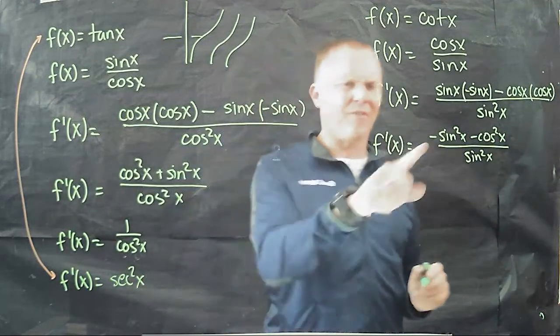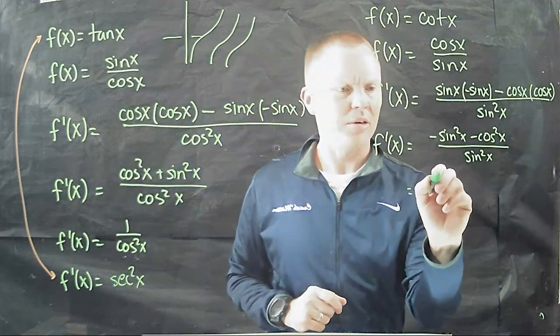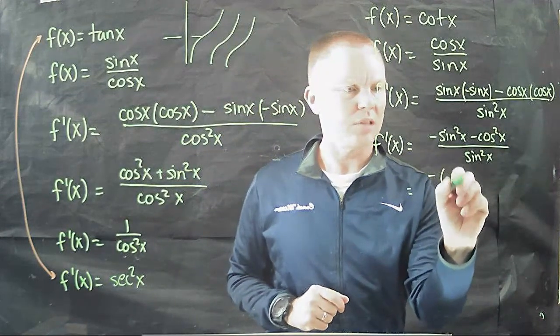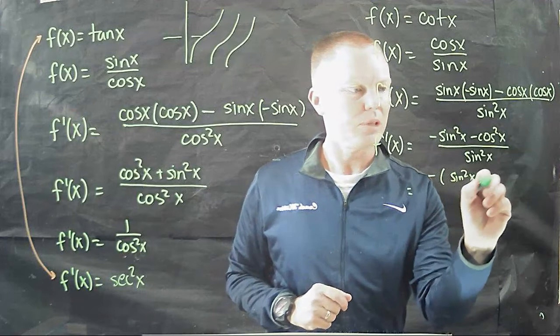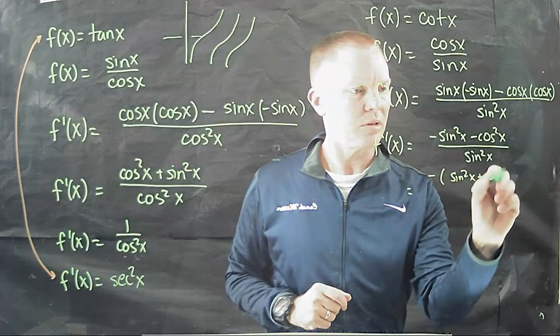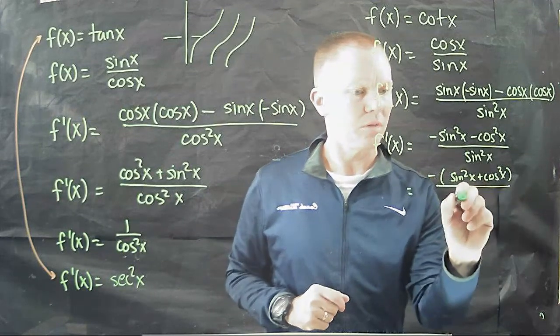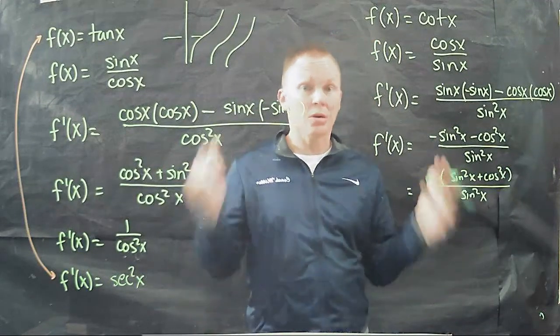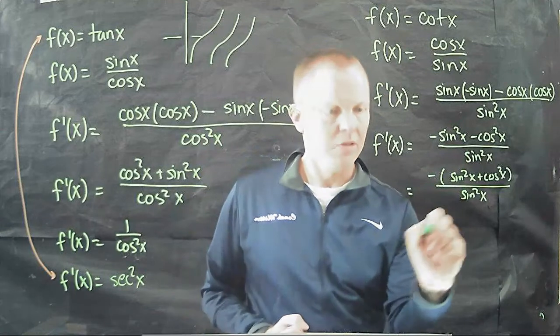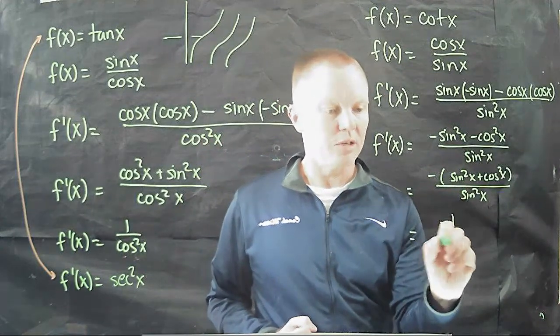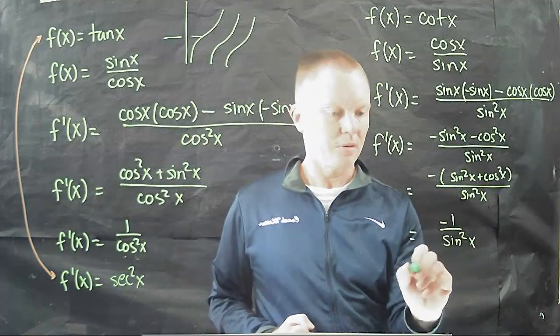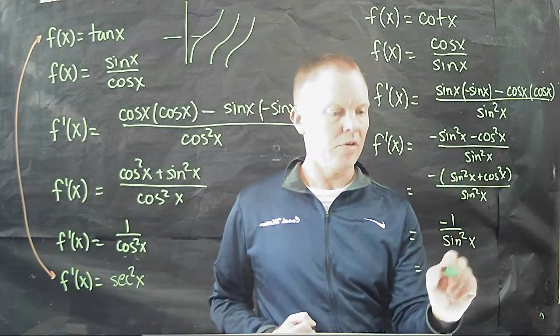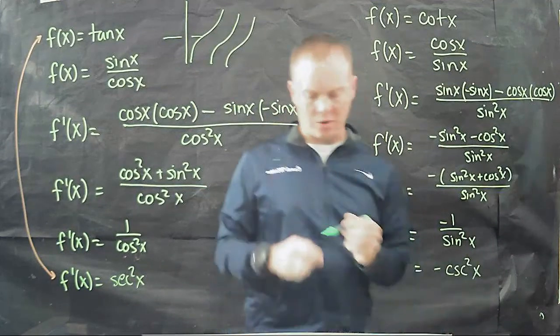And if I factor out a negative 1 there, I'm going to get sine squared of x plus cosine squared of x all over sine squared of x. And sine squared plus cosine squared is 1. So this is negative 1 over sine squared, which is negative cosecant squared.